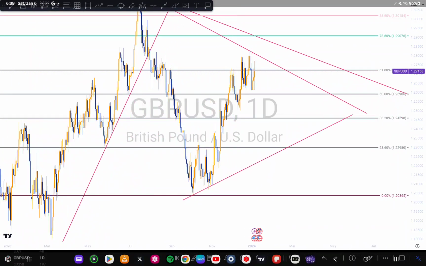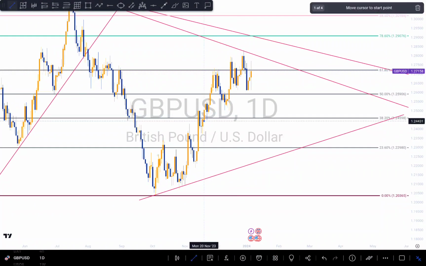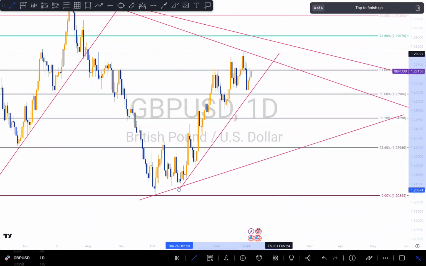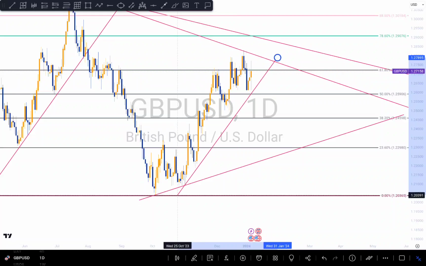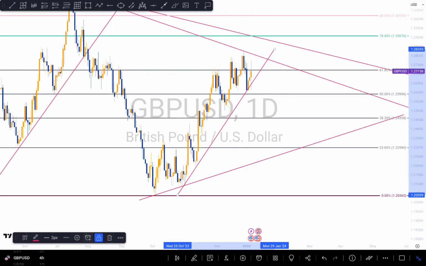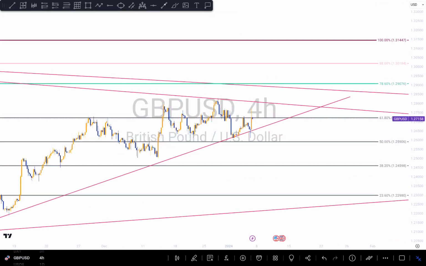And so let's see, another zone can also be drawn right here. Let's go to the 4-hour time frame and see.